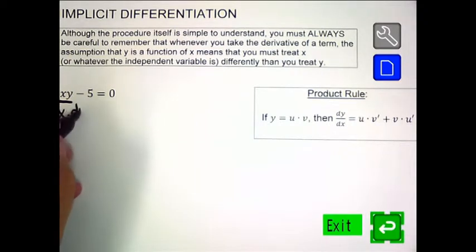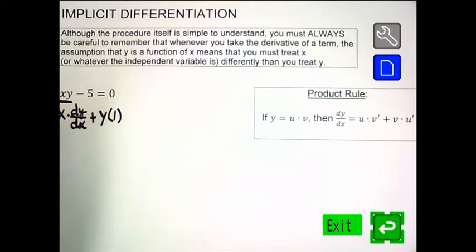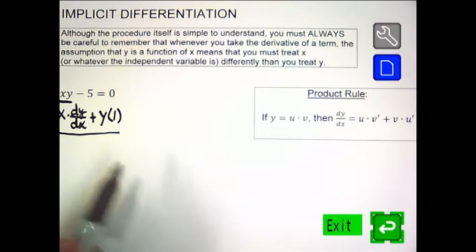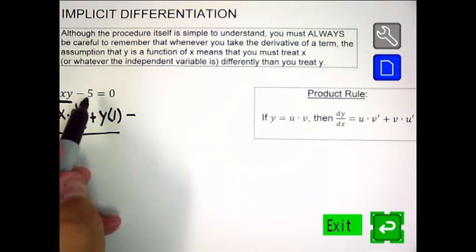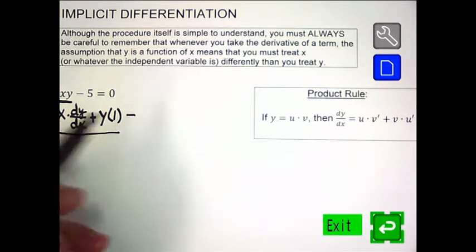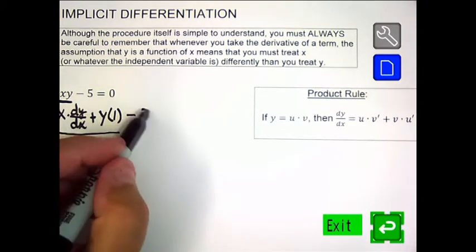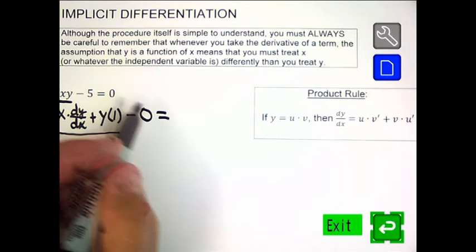Well, the derivative of y is dy over dx because it's a function of x, plus, then you reverse it, you take the second factor, the y, and multiply by the derivative of x, which is 1. So that's the product rule for the first term. Then you've got minus 5. Actually, you've got minus the derivative of 5 when you're differentiating, and that would be 0. And of course, the derivative of 0 is 0.